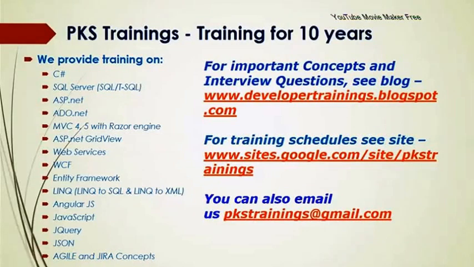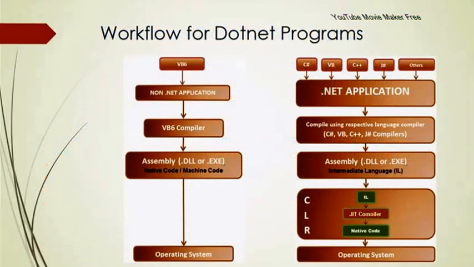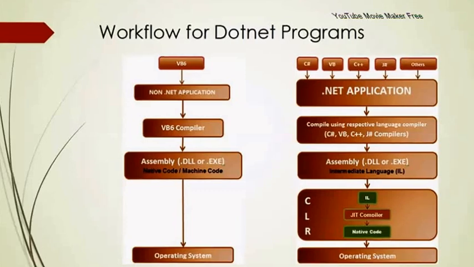With that said, let us first understand how VB6 or C++ programs, that is non-.NET applications, used to execute. We know that computers only understand machine level code. Machine level code is also called native or binary code.